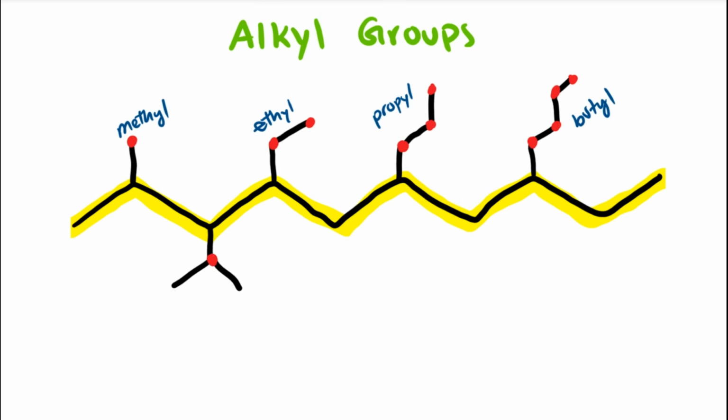When you have 3 carbons attached to your main carbon chain but in this shape, where the alkyl group splits off at the end, it is called isopropyl.